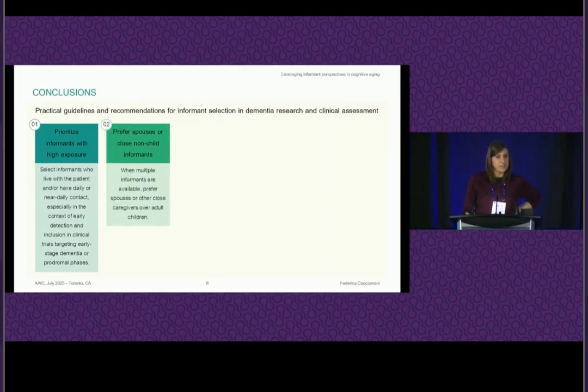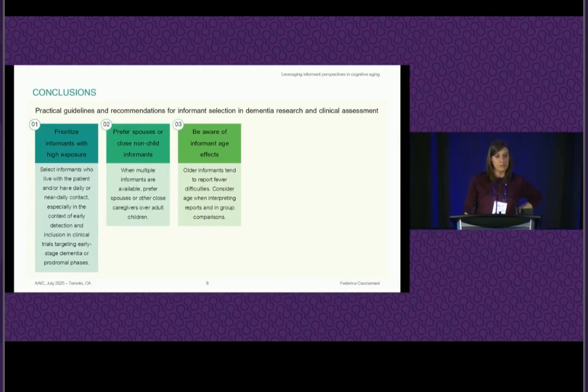Prefer spouses or close non-child informants where multiple informants are available. Be aware of informant age effects. This wasn't a big effect, but just be aware that older informants tend to report fewer difficulties.